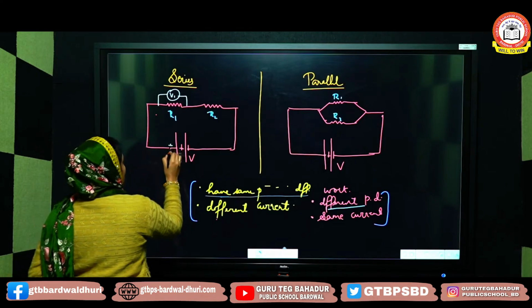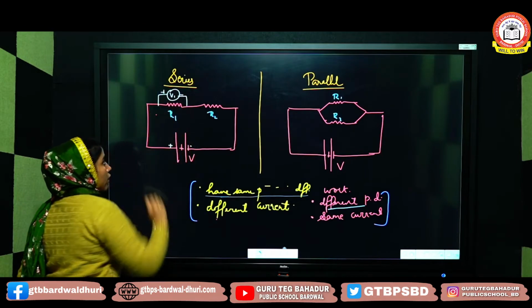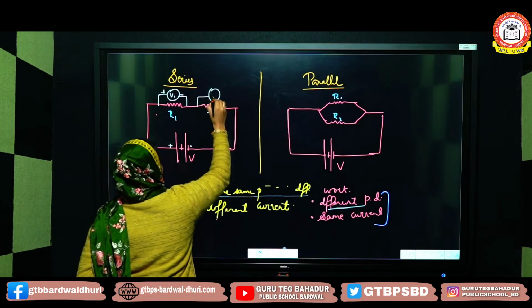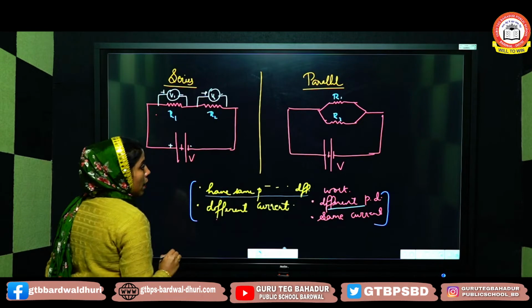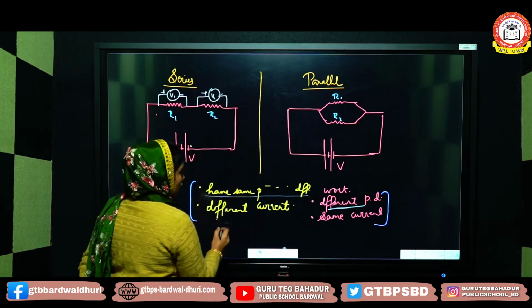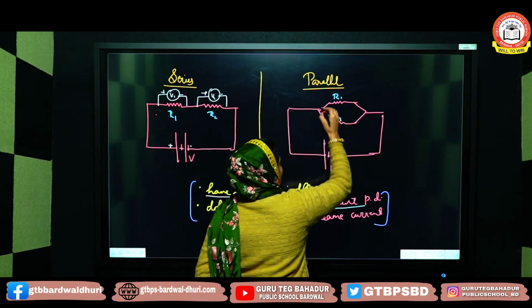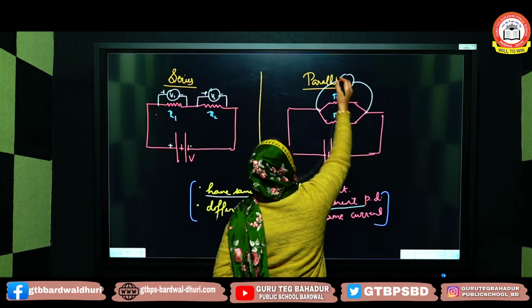And whenever we connect a voltmeter in a circuit diagram, we have to show its terminals. Let the potential difference across R2 be V2. But in parallel combination the potential difference is the same. That means the potential difference across R1 and R2 will be the same. So I am showing it by 1 voltmeter.